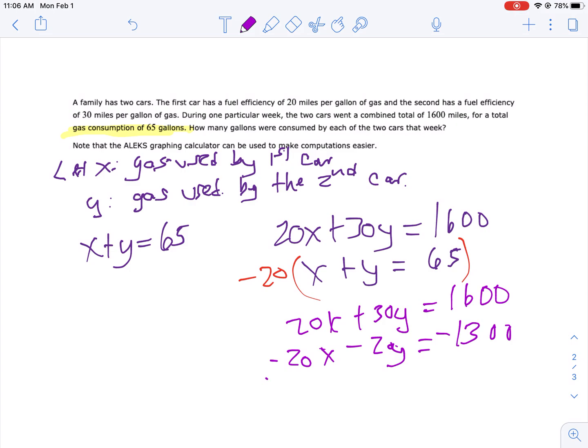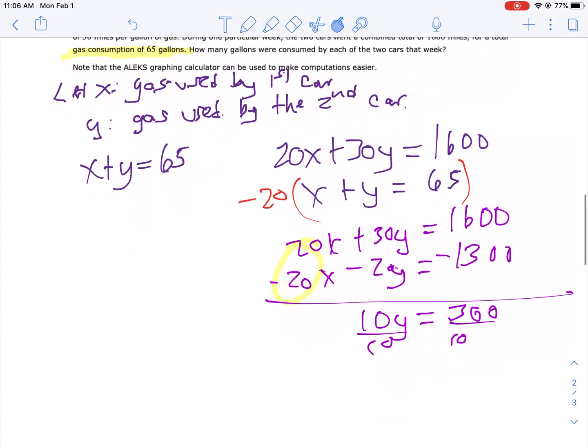Now let's add them up. Notice the reason we did this, the x's cancel. 30y minus 20y is 10y. 1,600 minus 1,300, well, that's 300, isn't it? Divide by 10.